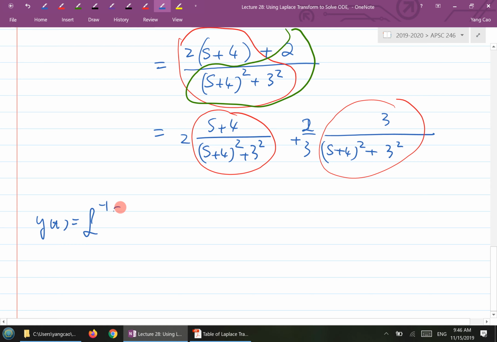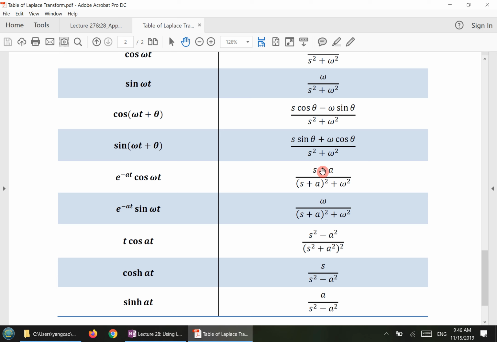the inverse Laplace, because everything is as simple as it is now. So we get 2 times e to the power negative 3t, that's the first term, and then minus the inverse Laplace of this term, which is, let's go back here, the inverse Laplace is this term here, e to the power negative at, a is this, then cosine omega t.